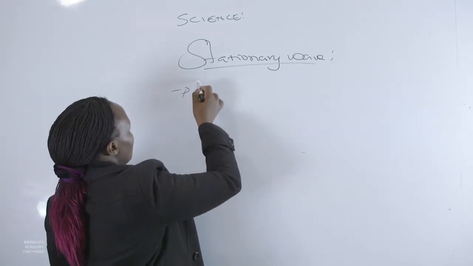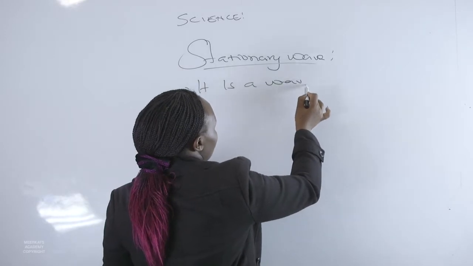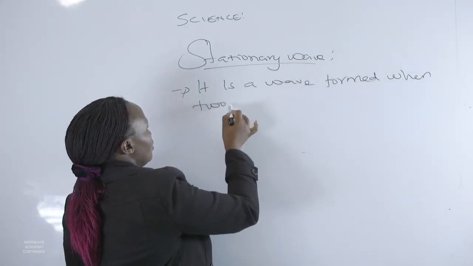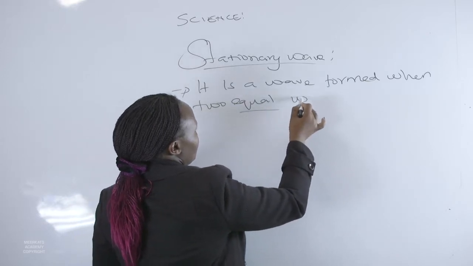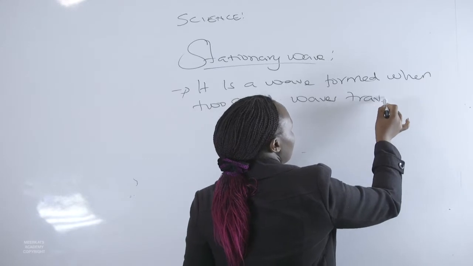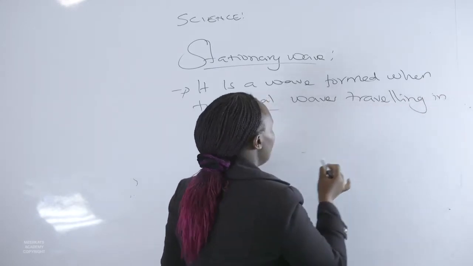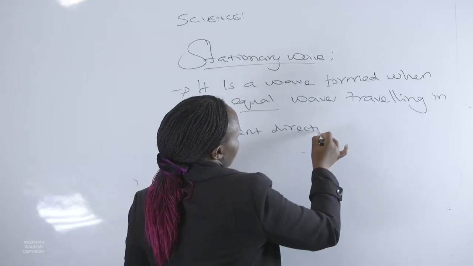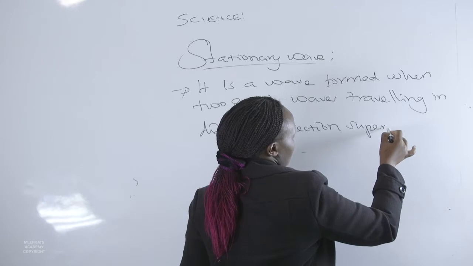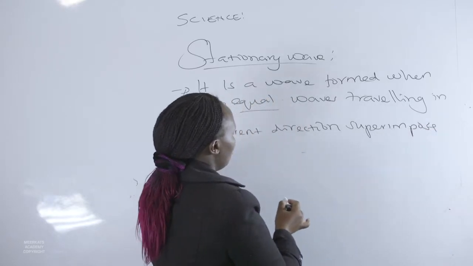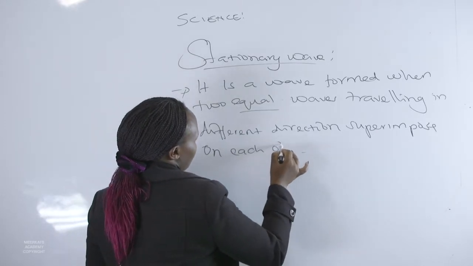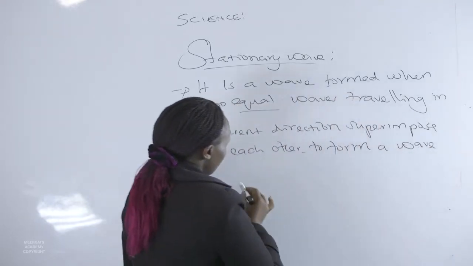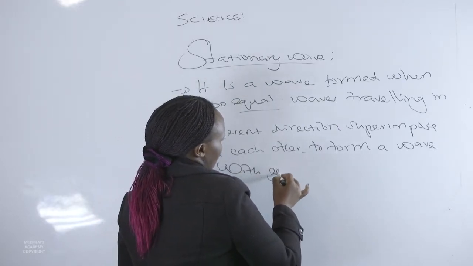Now, this is a wave formed when two equal waves traveling in different directions superimpose on each other to form a wave with zero amplitude.